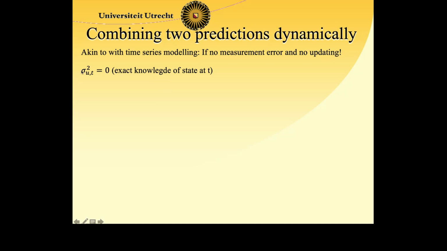And suppose that we start predicting ahead in time, and we know at time t exactly what the state is. Just for an academic exercise. So suppose that we have a very good observation apparatus and we measure exactly the state at t0. We know exactly what it is, so the variance is 0. Yeah. Now we forecast one time step ahead in time.